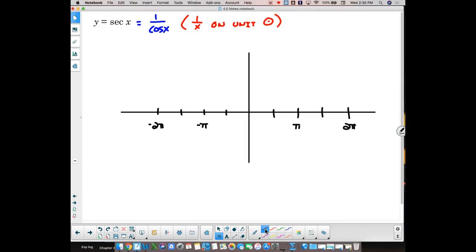So what is the secant of 0? One, because it's 1 over 1, right?